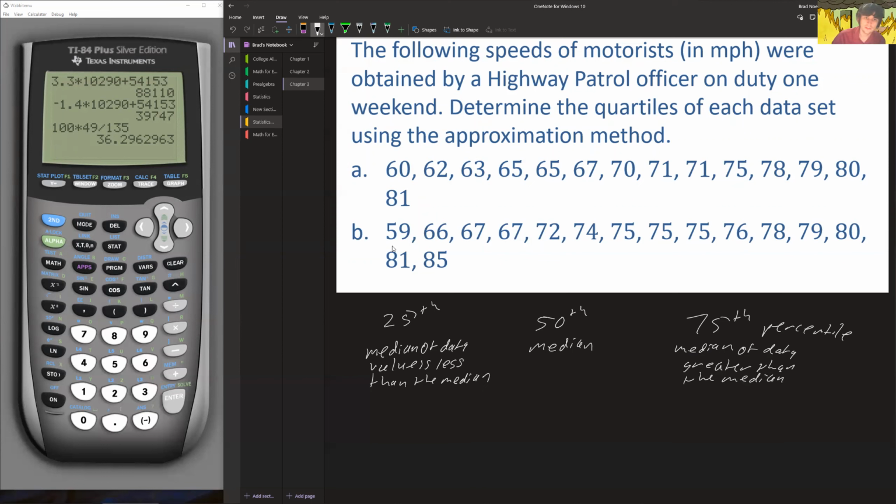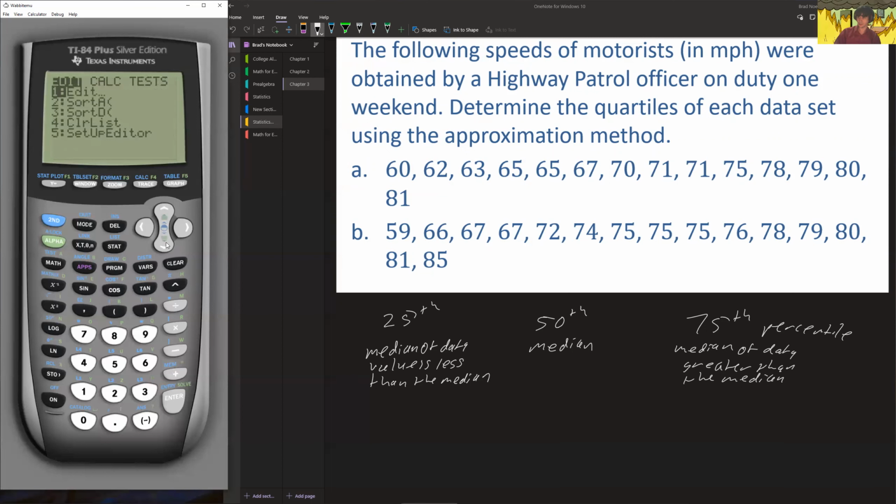Wonderful. Now that we know that, what this allows us to do is, well, we can just look at medians, and we have a very wonderful tool for calculating the medians. Well, for calculators.